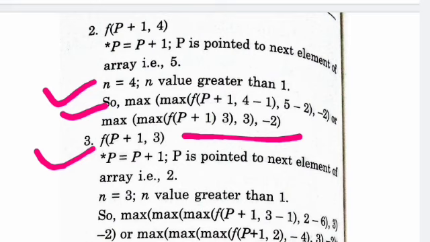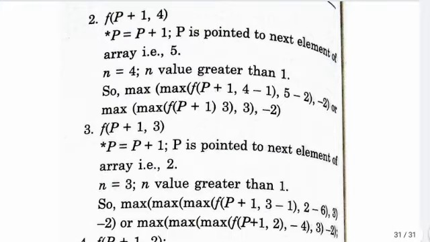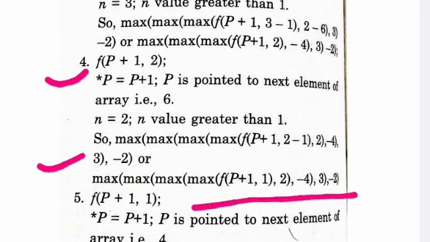Based on f(p, 3), we get the recursive function like max and this expression. Based on this expression, we get the function f(p plus 1, 2), and then executing this we get 6 times the values of the array.